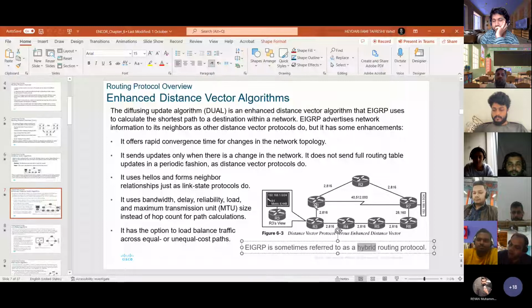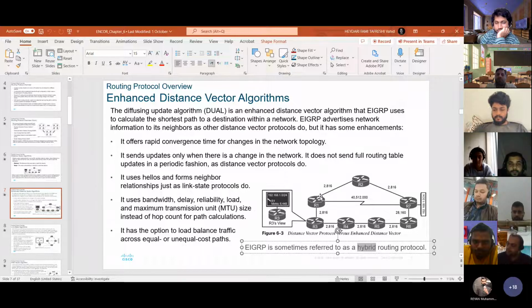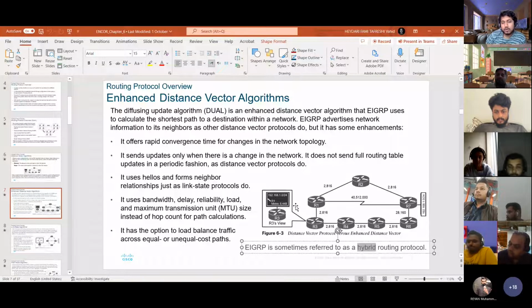Whereas with unequal cost path, it allows you to send 80% of traffic that way, 10% of the traffic that way, and another 10% that way. So either equal cost path or unequal cost path, whichever way you want, EIGRP can support it. We didn't have that with RIP, yeah? But we do have that for EIGRP.